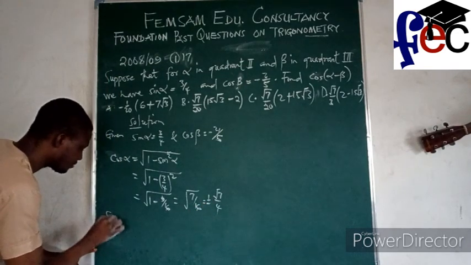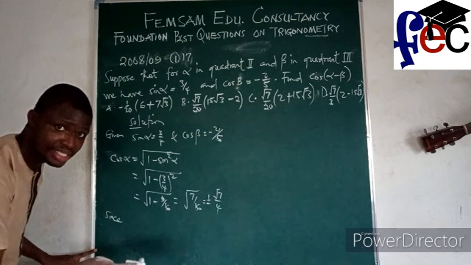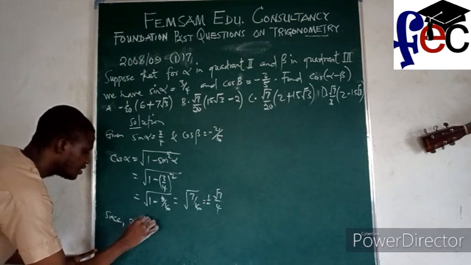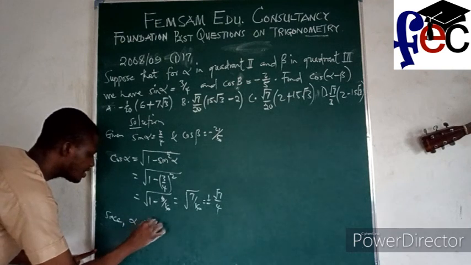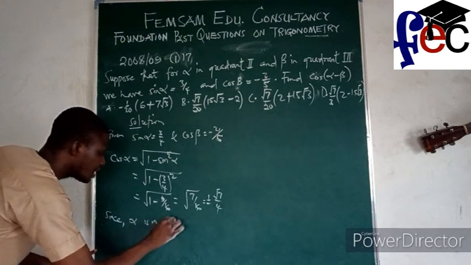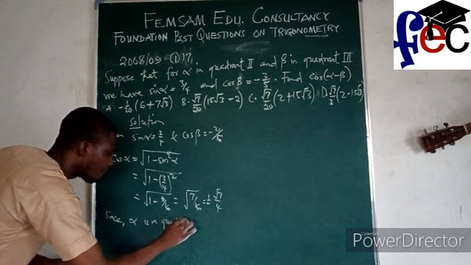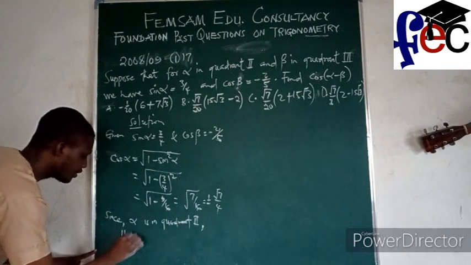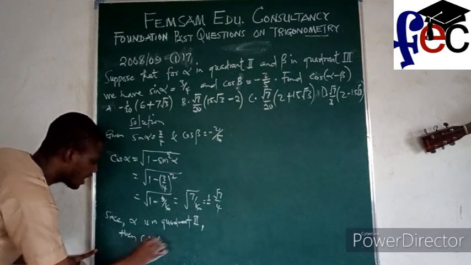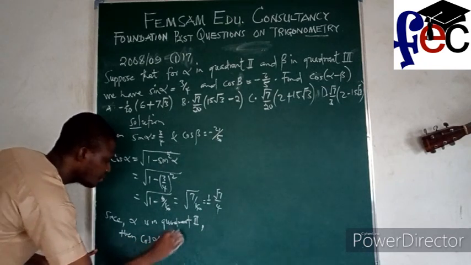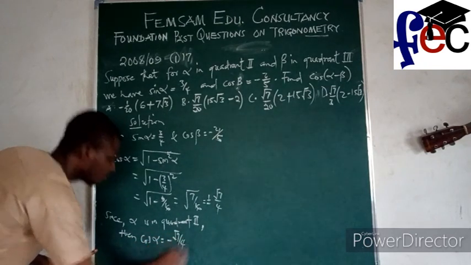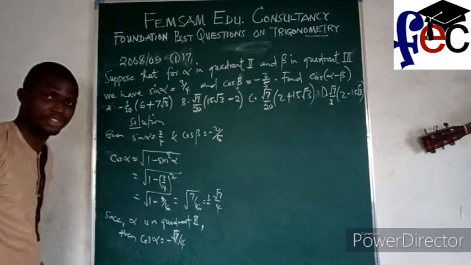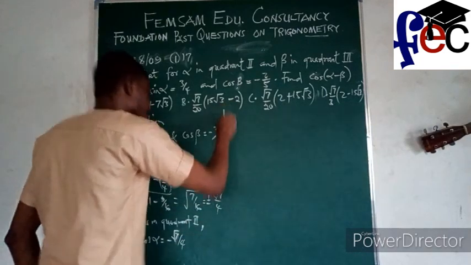So I will say that since alpha is in quadrant 2, cos alpha is equal to minus root 7 over 4. Do you get that? So let's keep that for that one.